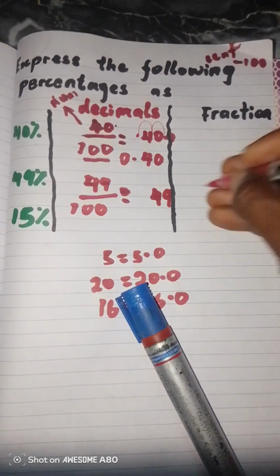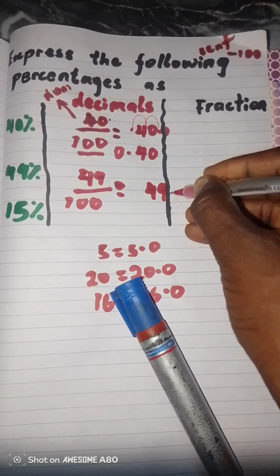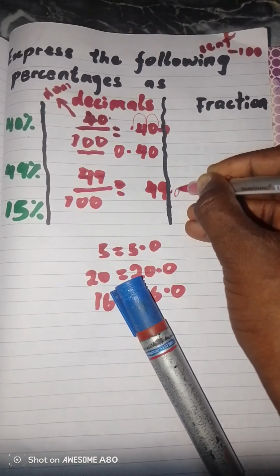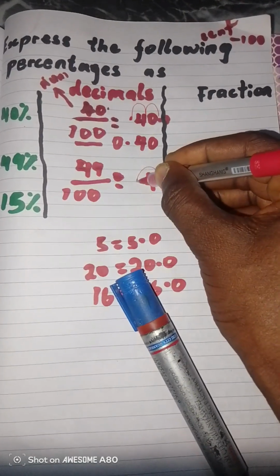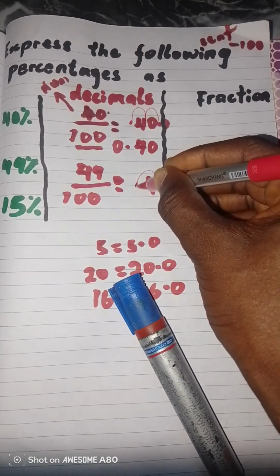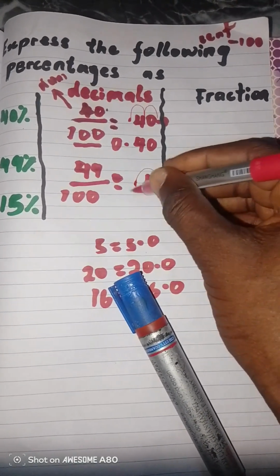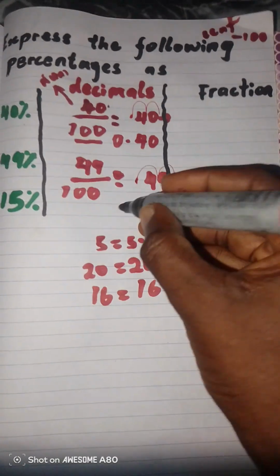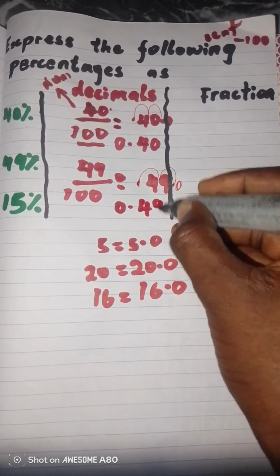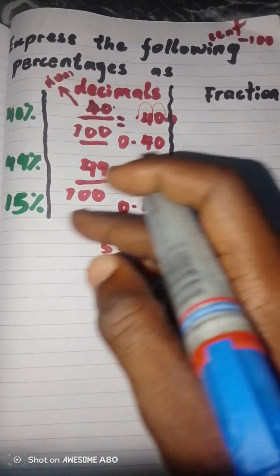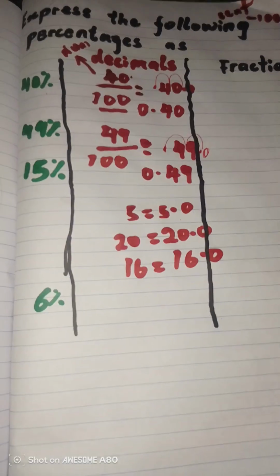Then I shift backward because it's the same thing as 49.0, right? So I shift backward, 1, 2. The new position of my point becomes 0.49. 15% is simple. Let's try something different.